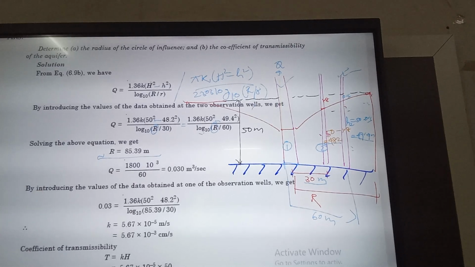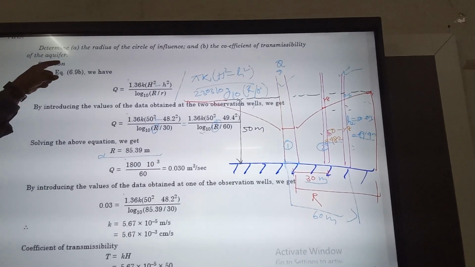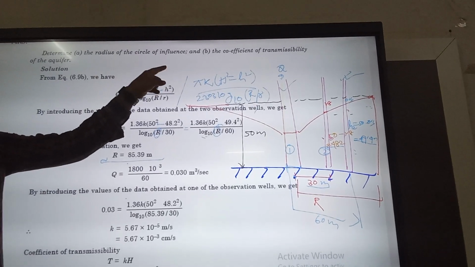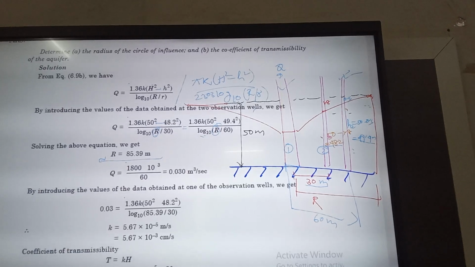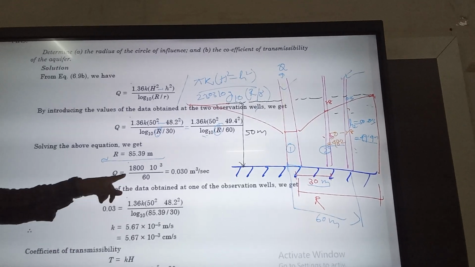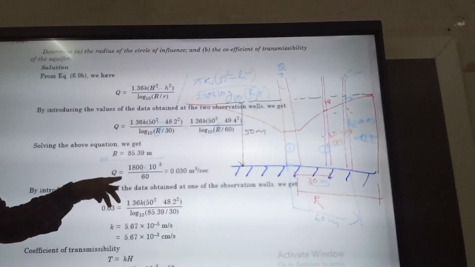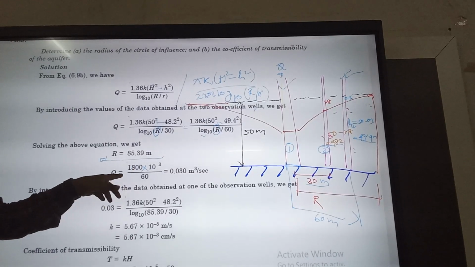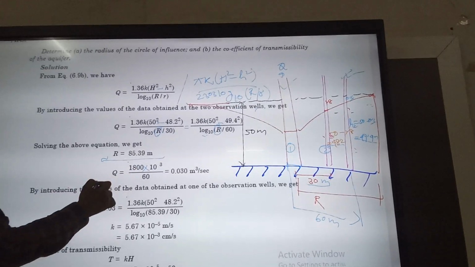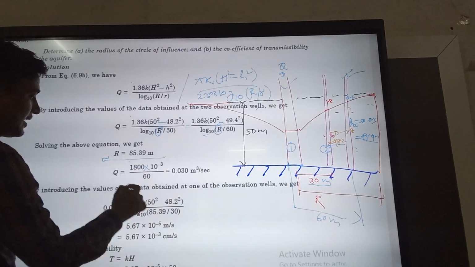Now my next determination is the coefficient of permeability K. Here Q equals 1800 liters per minute. Now we convert liters per minute into cubic meters per second.